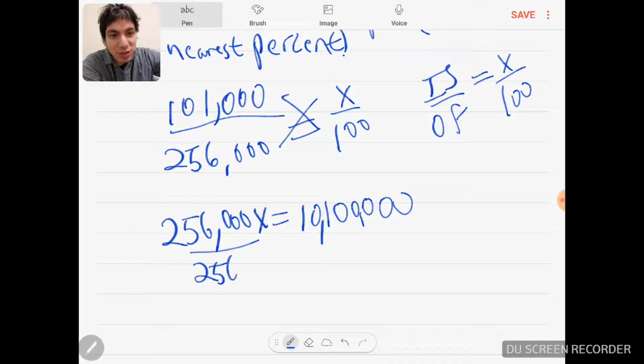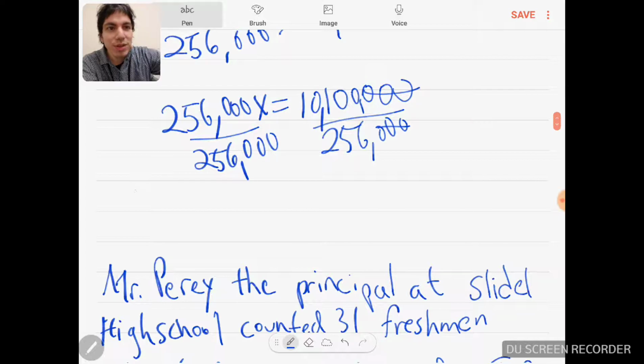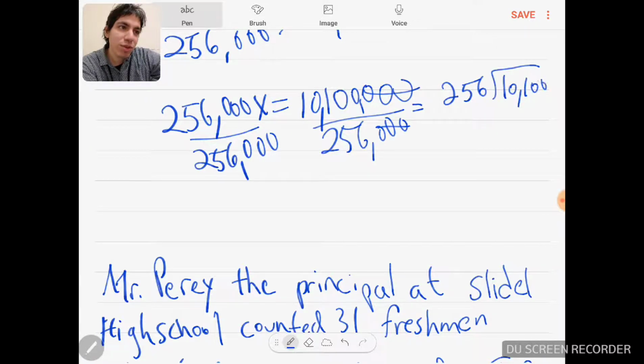So we're going to divide by 256,000 on each side. To make it easier, we're going to knock out 3 zeros, and I'm simply left with 256 divided into 10,100.